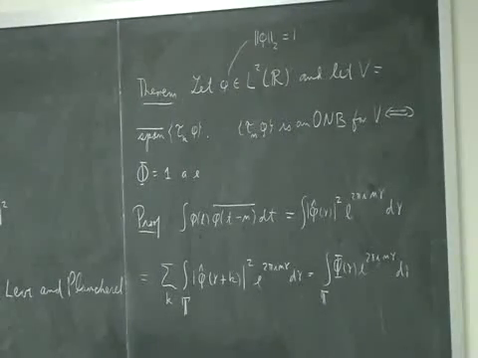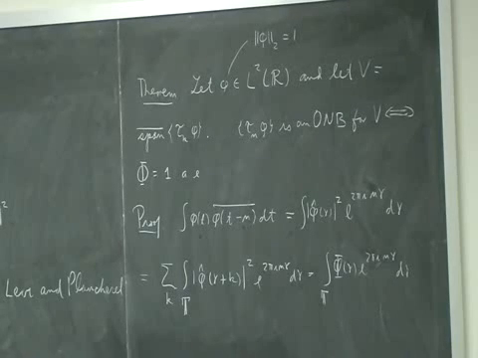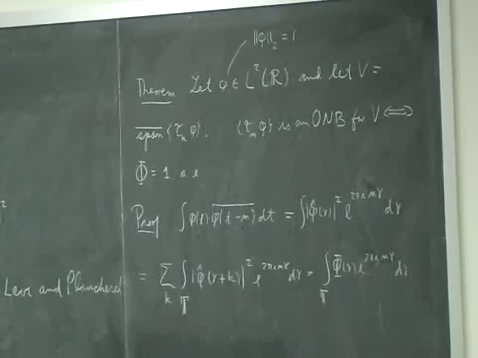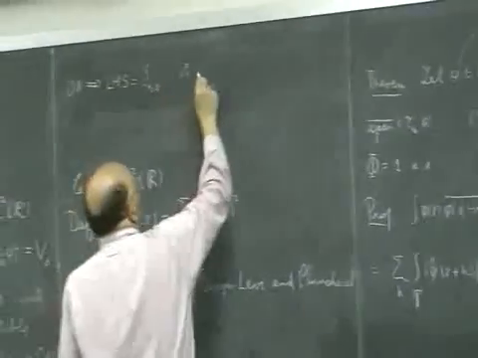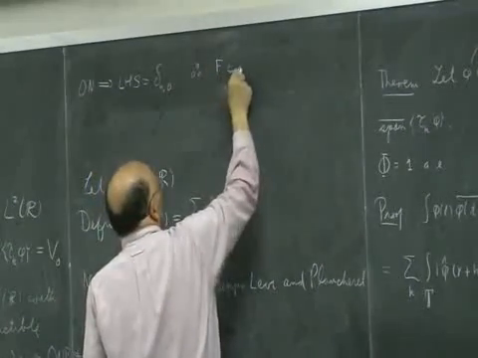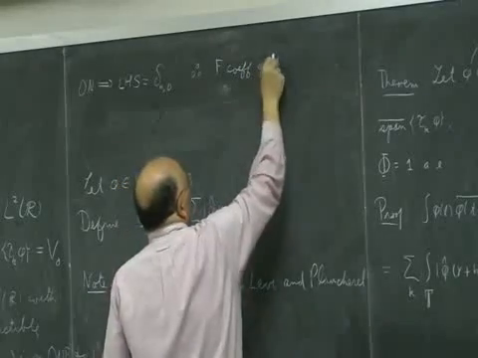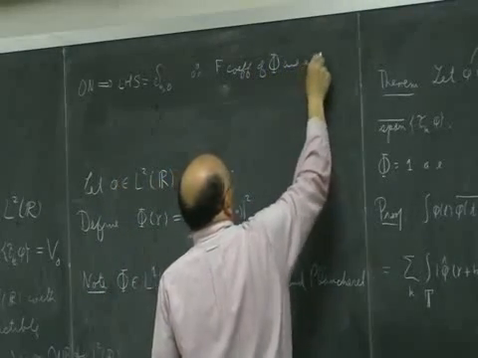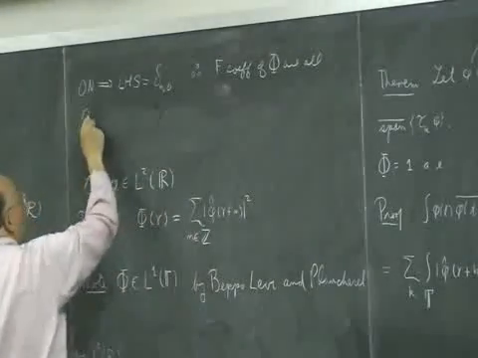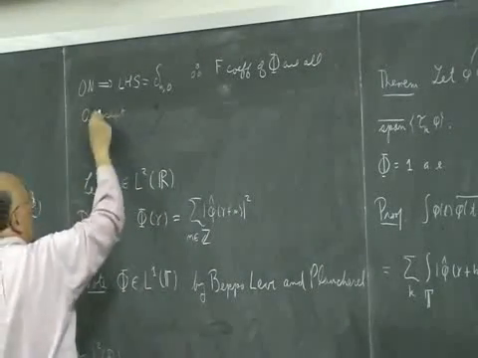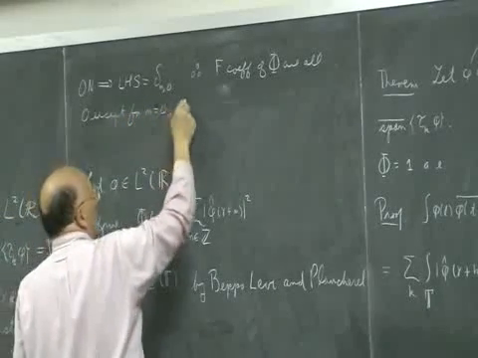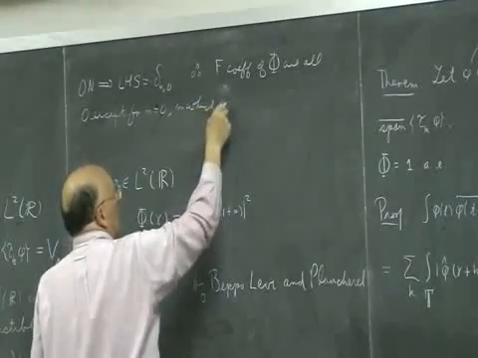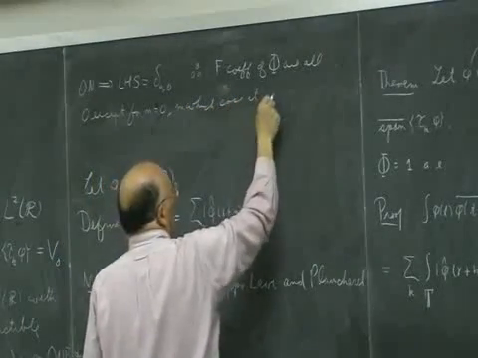That says the Fourier coefficients of big Phi are all 0 except for n equals 0, in which case it is 1.